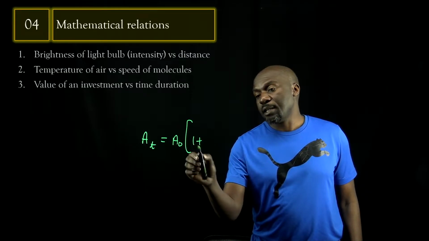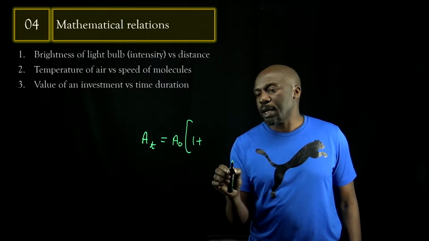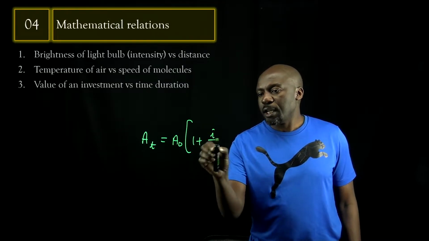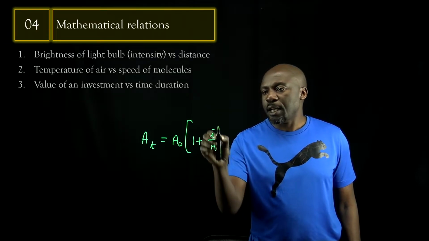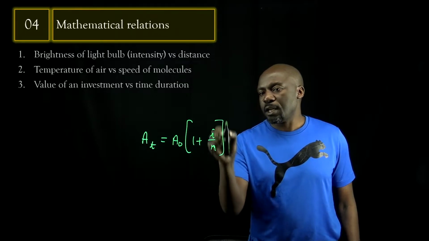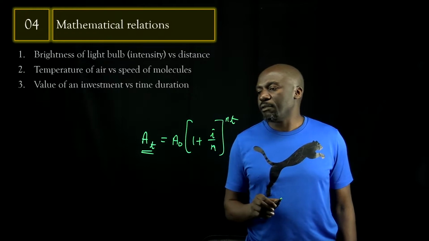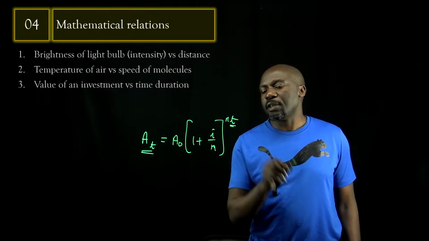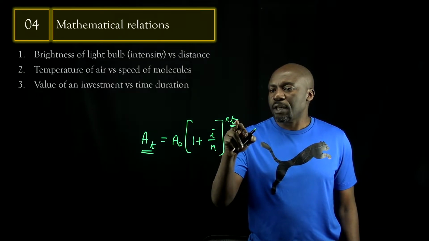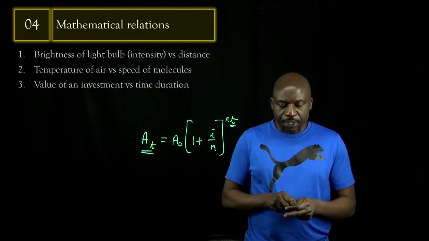It can be minus if the value of the investment is depreciating, then this becomes a minus. So obviously the value of the investment depends on the time. The larger the value of t is, the greater is the value of that investment.